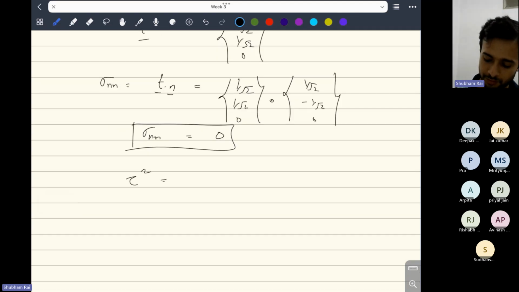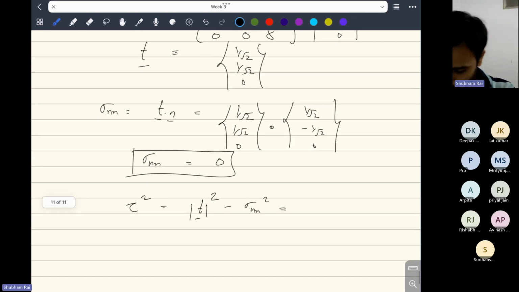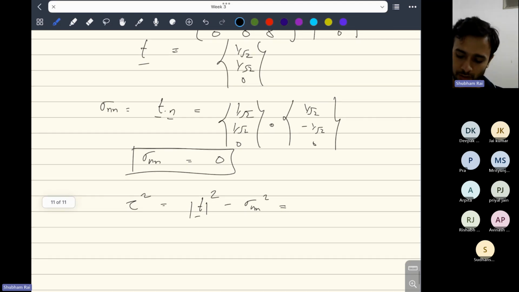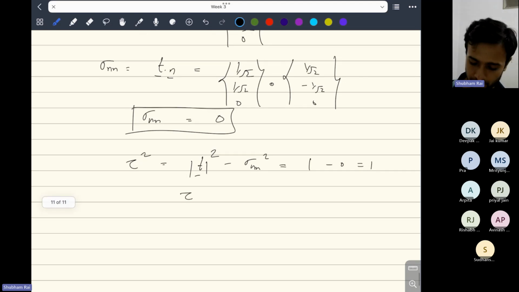Magnitude of shear, so tau square will be T square minus sigma n square. So magnitude of T is nothing but 1 by 2 plus 1 by 2, that is 1, minus 0, so you get 1 here. Okay, so tau square is 1 actually.